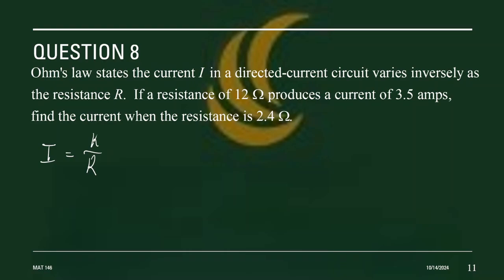Right, so current is inversely proportional to resistance, K over R. We know that 3.5 amps would be K over 12 ohms.